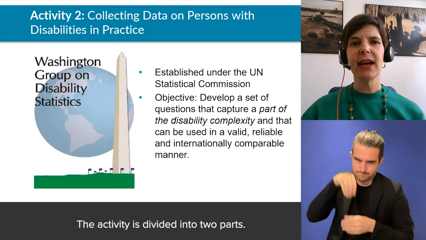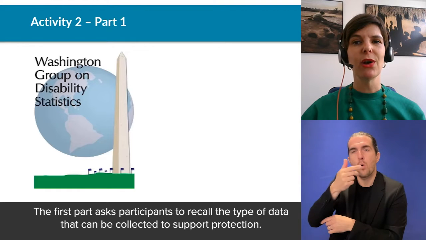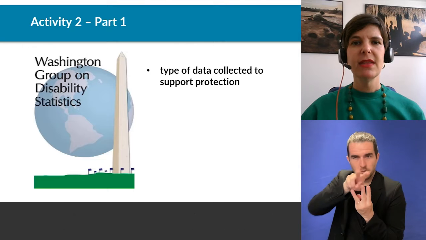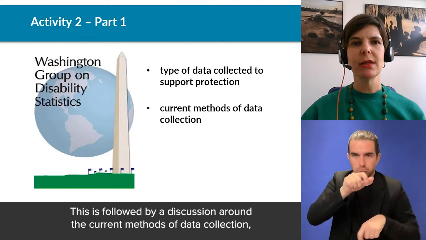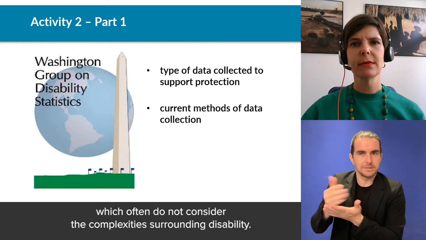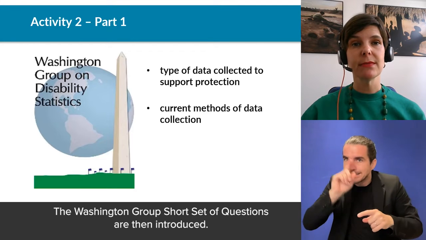The activity is divided into 2 parts. The first part asks participants to recall the type of data that can be collected to support protection. This is followed by a discussion around the current methods of data collection, which often do not consider the complexities surrounding disability. The Washington Group short set of questions are then introduced.